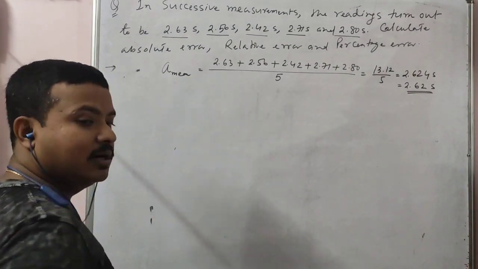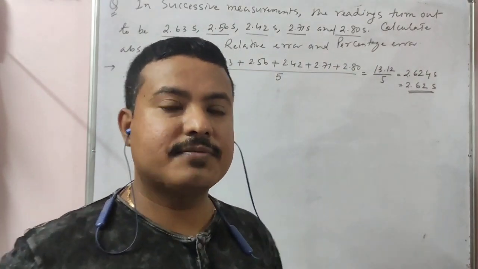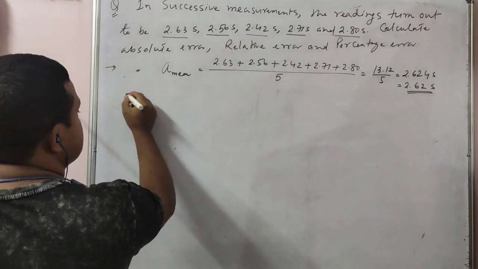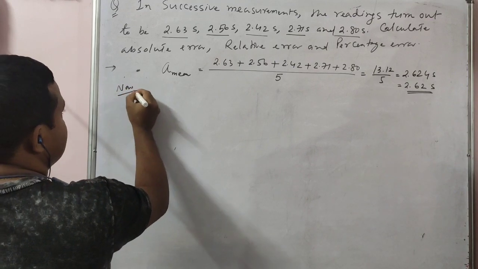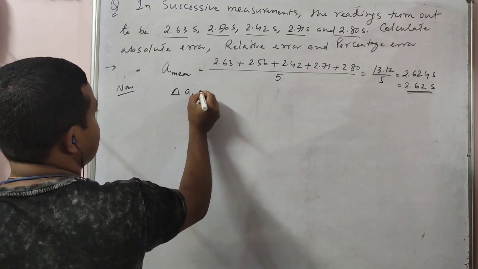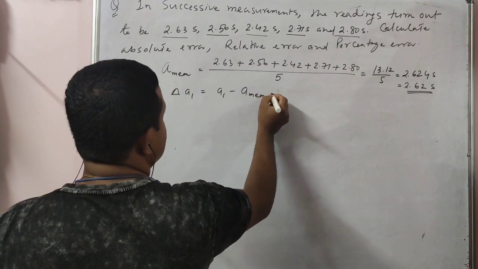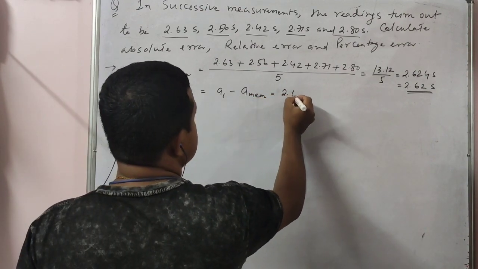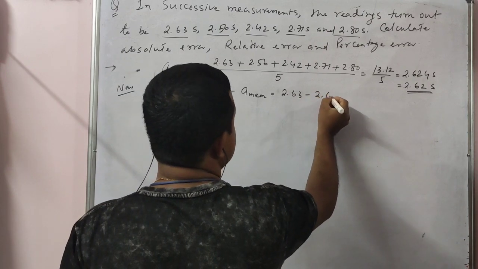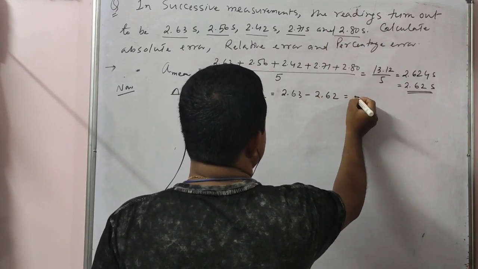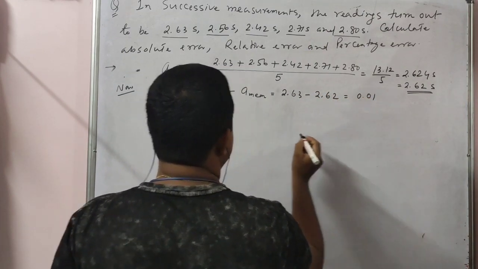Now you can find the individual absolute errors. That is, individual absolute error delta A1 will be A1 minus A mean. So 2.63 minus 2.62, it is 0.01.